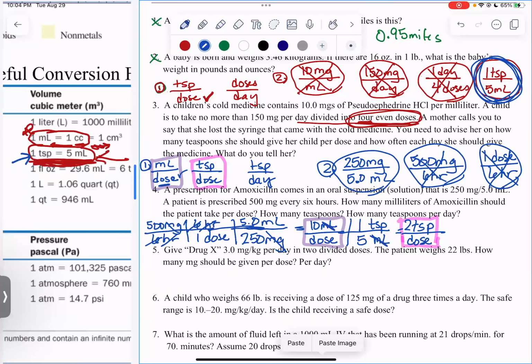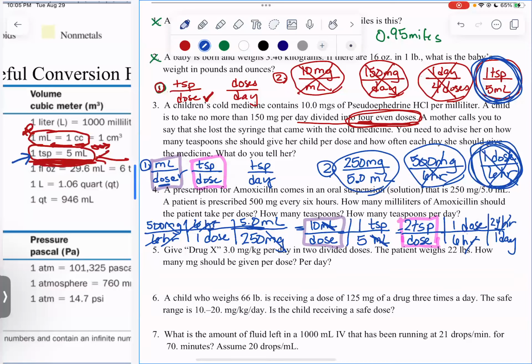Now I want to go to teaspoons per day. My teaspoons is good. I just need to convert that dose to day. Dose is on the bottom, so I'm going to put dose on the top and day on the bottom. How many doses per day? Well, I don't really have that, so I can't put day at the bottom. I remembered over here, I have 1 dose every 6 hours. Then I can convert: hours on the top, and there are 24 hours in 1 day.